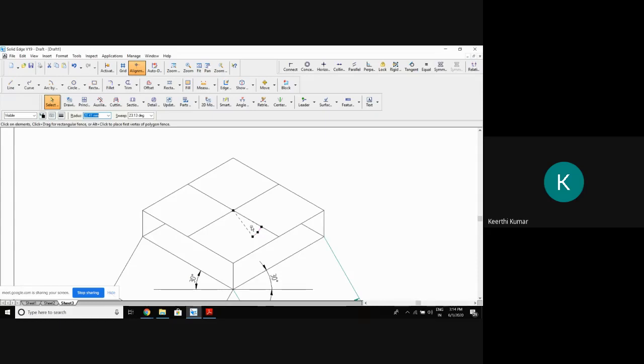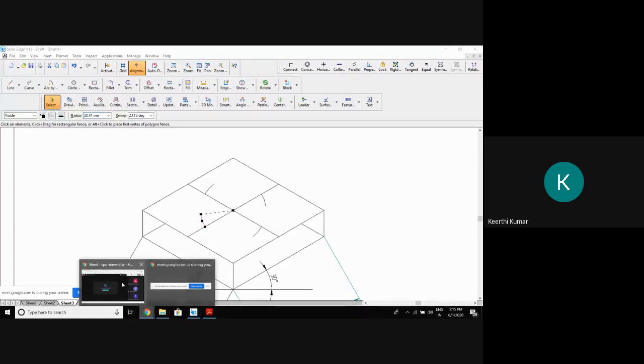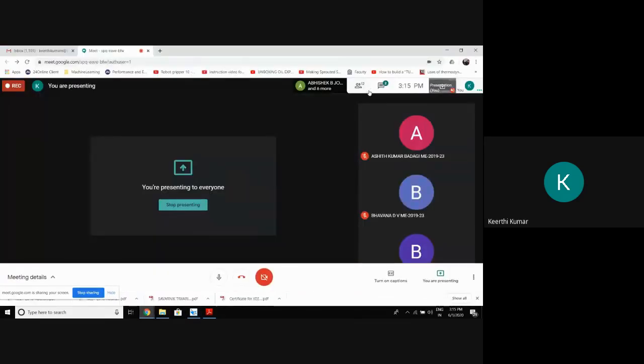If I multiply that 25 into 0.8164, it will be, you can see here, 20.41. Cut the arc on all four sides equal to 20.41.